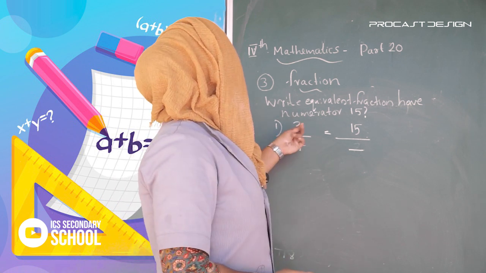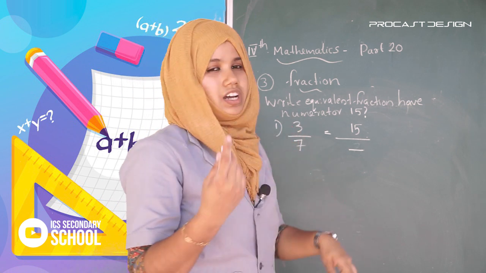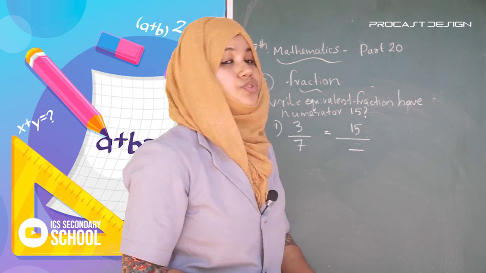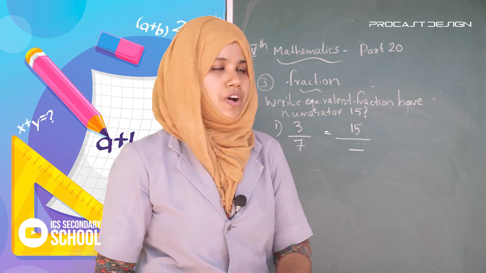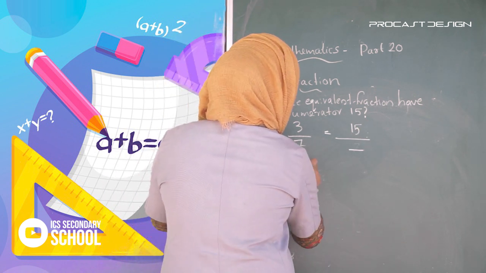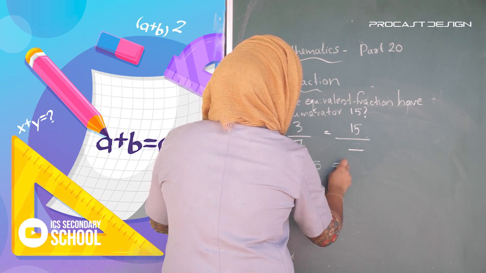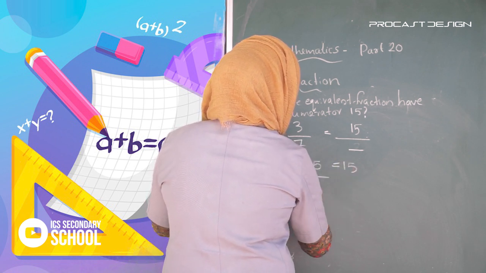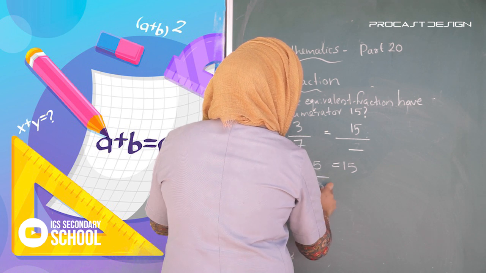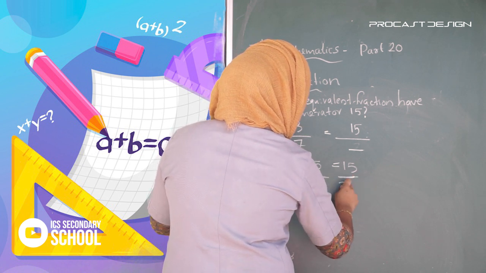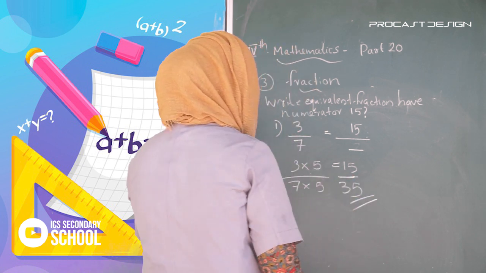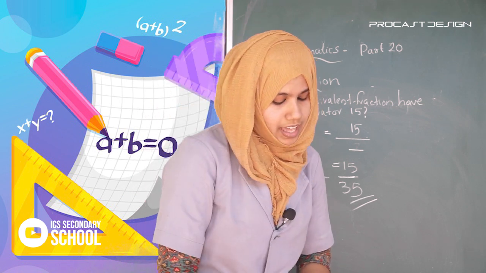When we multiply 3 with a number, we get 15. So which number? Yes, 5. So 3 into 5 is 15. So we multiply the same number with the denominator. So 35. So this is the answer.